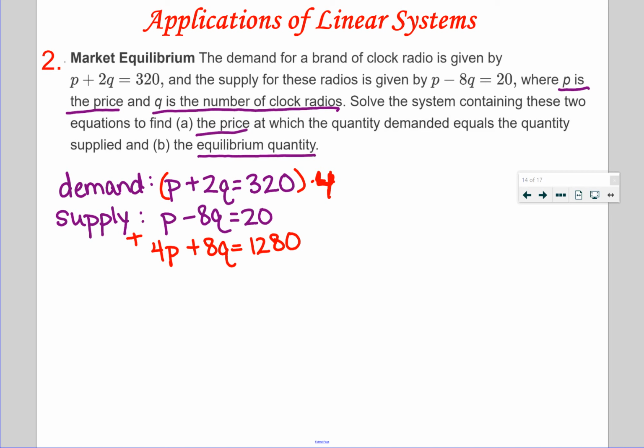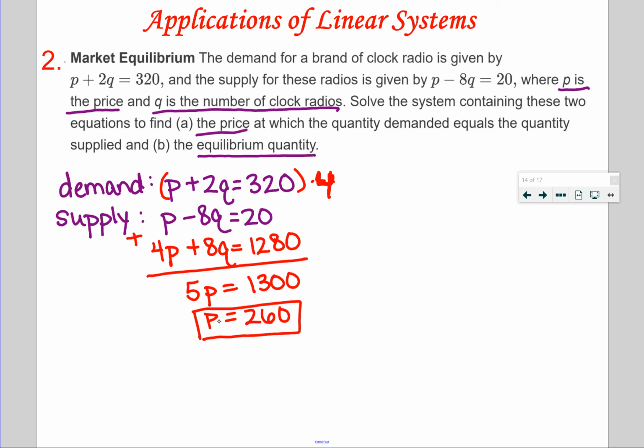Add my equations together. I'm going to get a 5P, my Q's cancel, equal 1,300. And then you can divide 1,300 by 5, and that's going to be P equals 260.